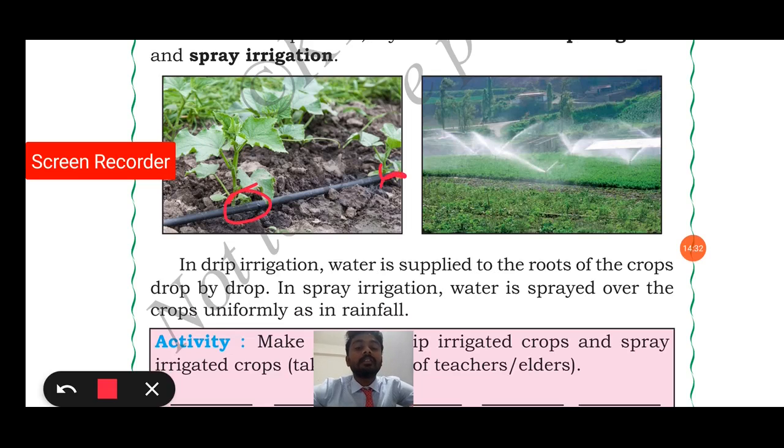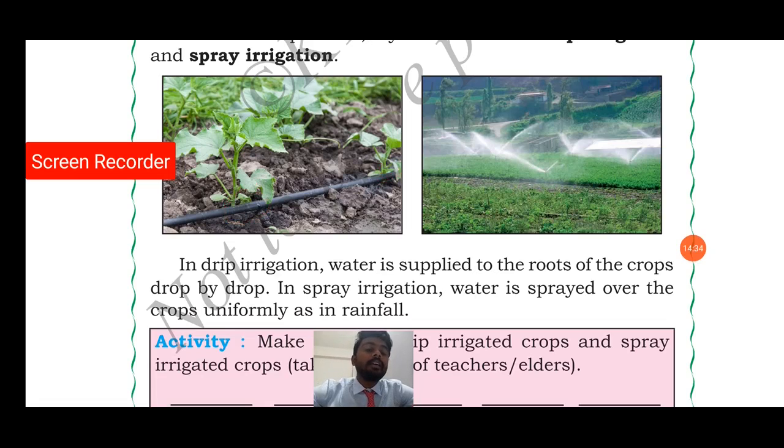And in spray irrigation the water is sprayed over the crops uniformly, as in rainfall.